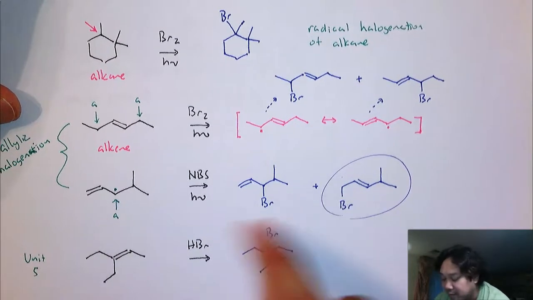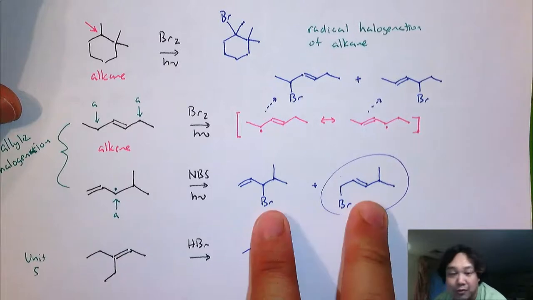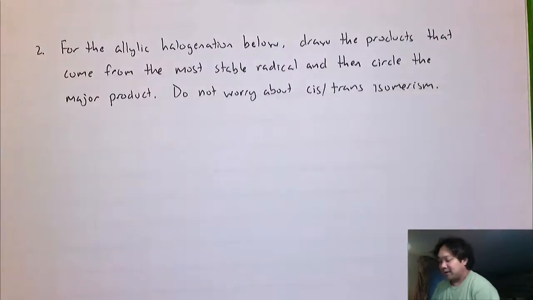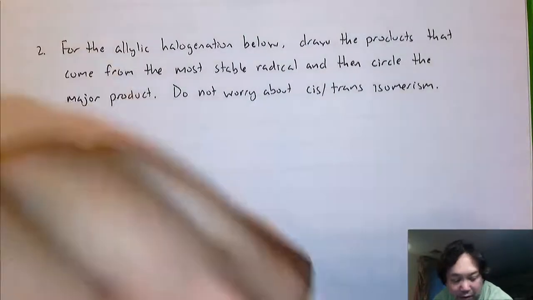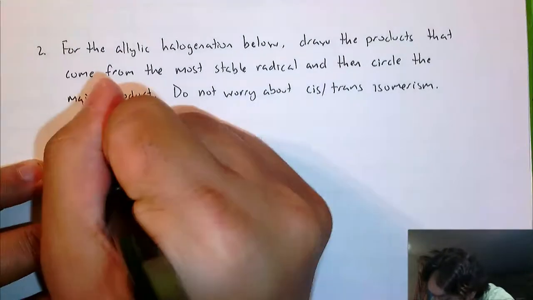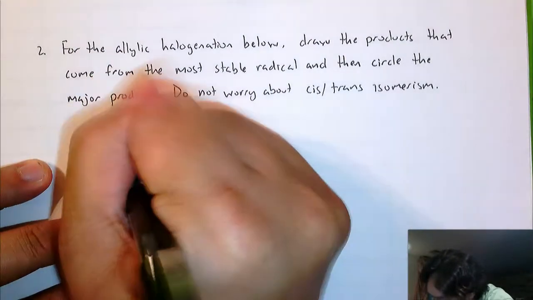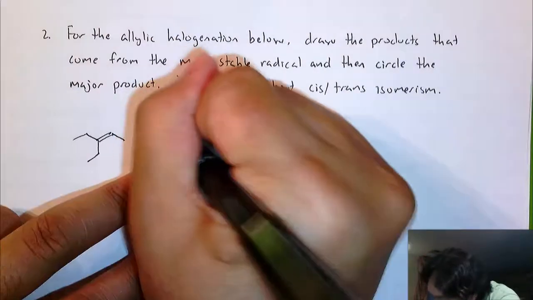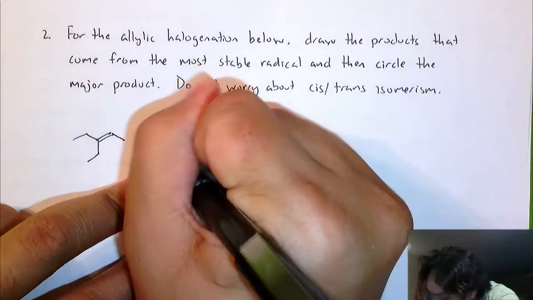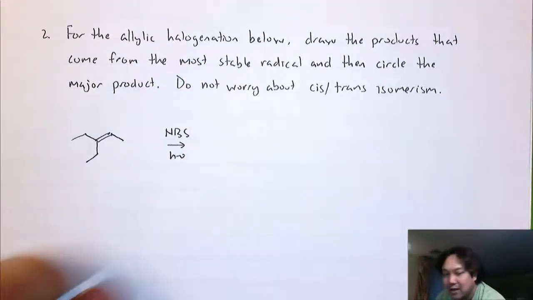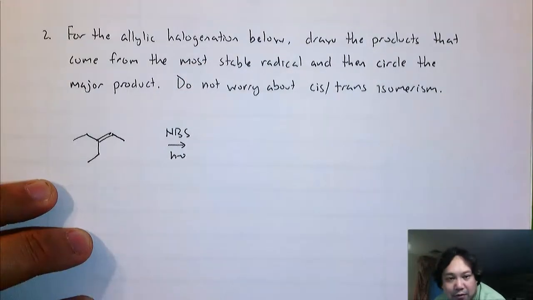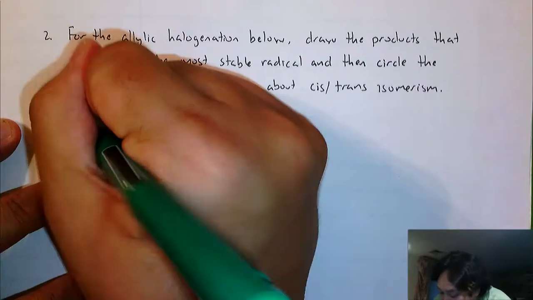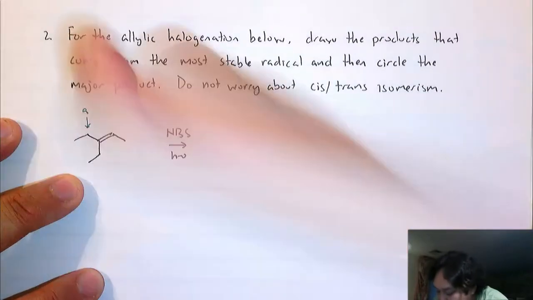But just remember, due to resonance, you get 2 products. Take a look at this one, and we're going to analyze this together. NBS tells you you're doing allylic halogenation, but now we're going to do our analysis. That's allylic, that's allylic.